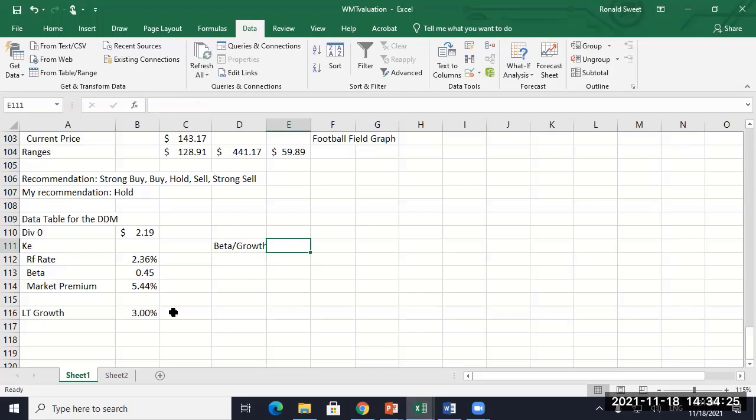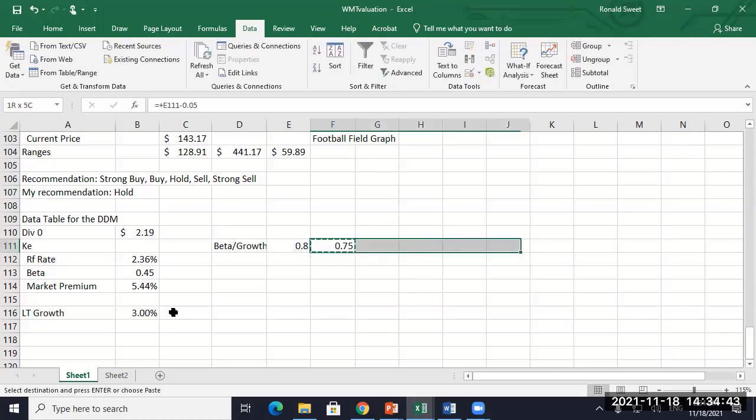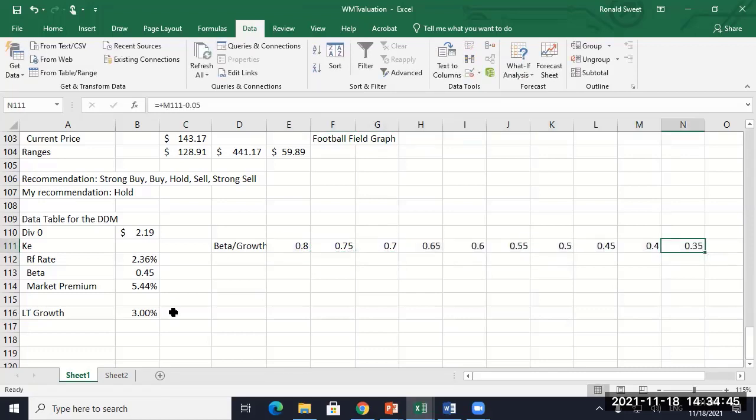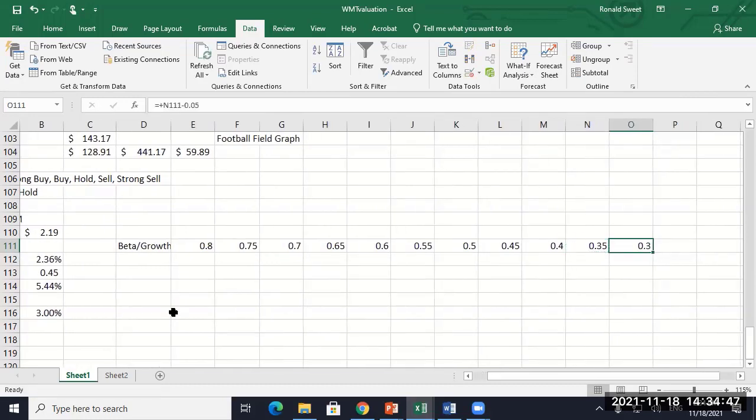All right. So what I'm going to do is put my betas up here. And I want to start with my lowest valuation on the top and the highest at the bottom. So that means I need my highest beta up here. So I'm going to go with 0.8. I'm going to come down by 0.05. And I might go down as low as, let's do 0.3. Boy, that still seems awfully low to me.